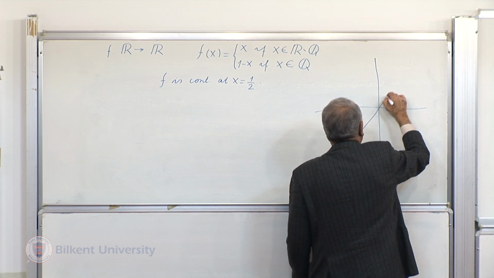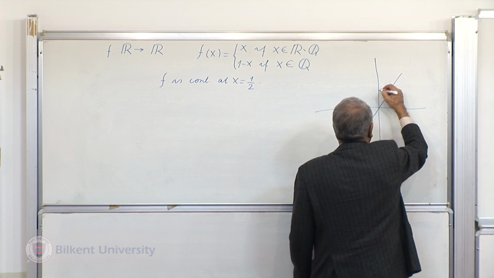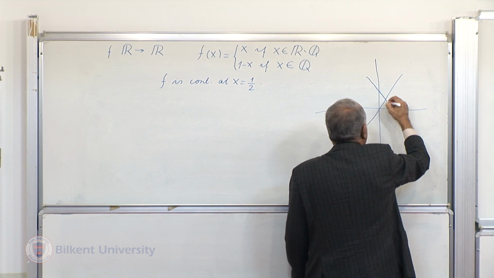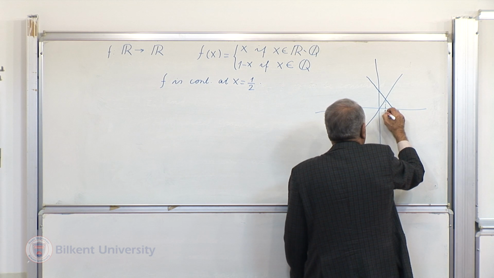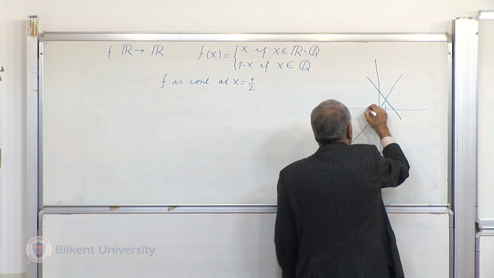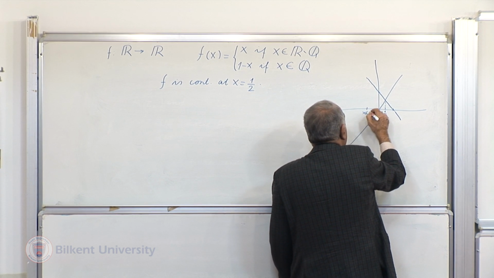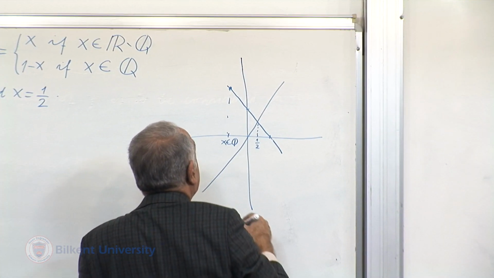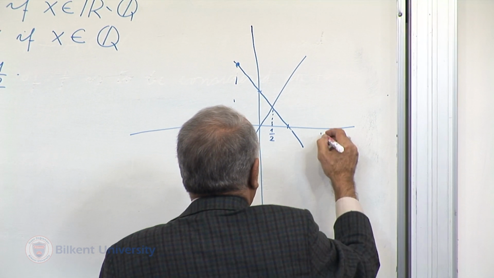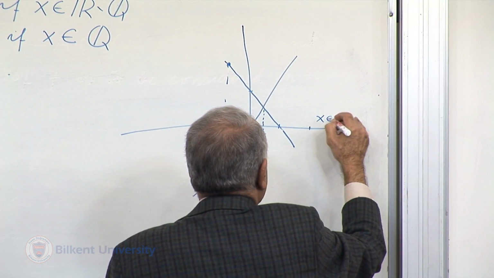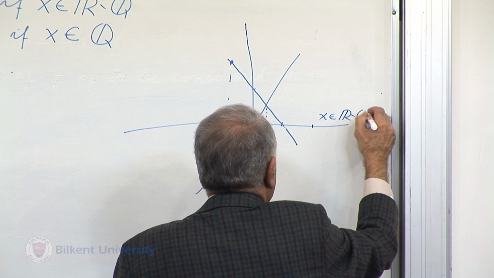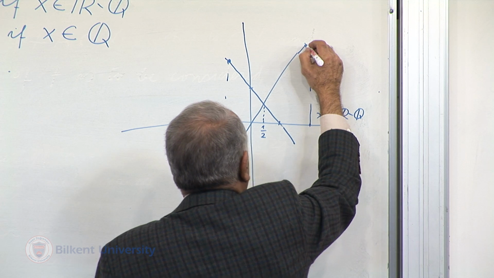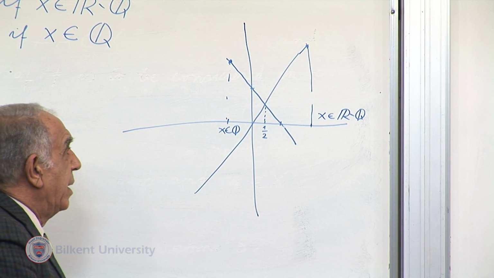Now here, this is y equals x, this is y equals 1 minus x, and this was 1/2. Now, if x is in Q, then this was the point on the graph of the function, and when x is in R minus Q, this will be the point on the graph of f.